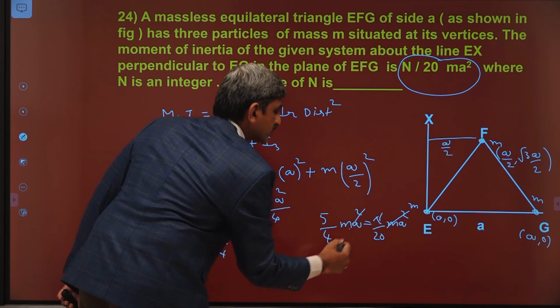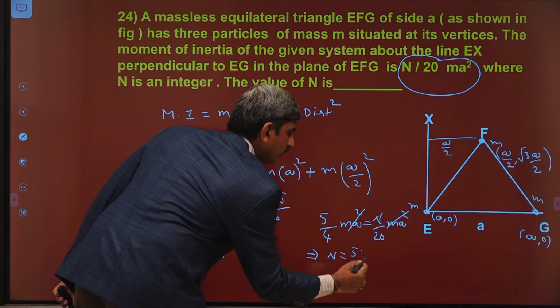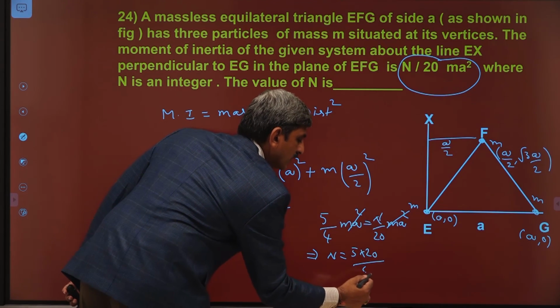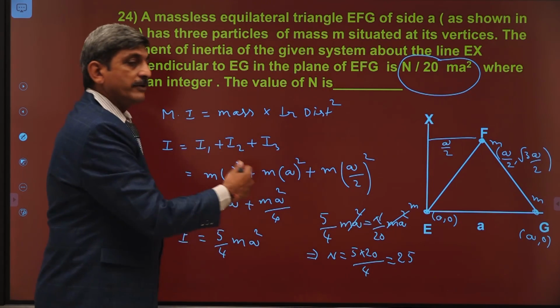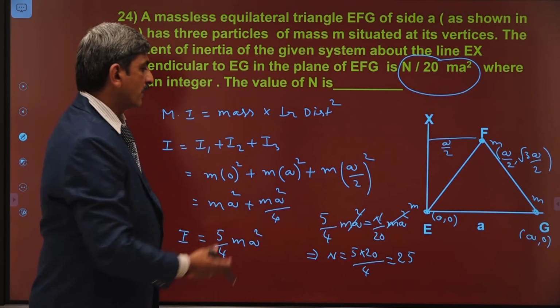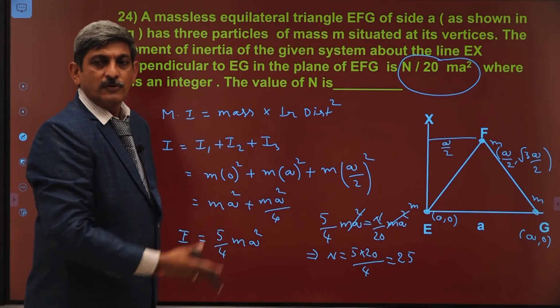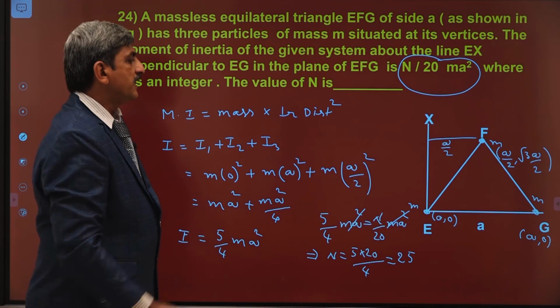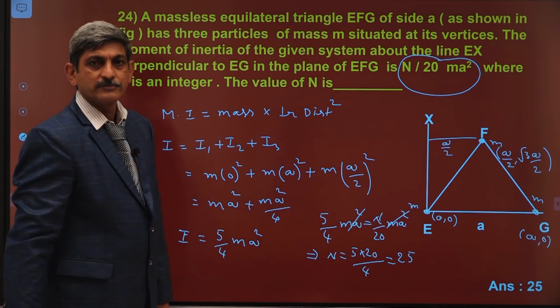Here m a square cancelled, and we have n is equal to 5 into 20 divided by 4, that is equal to 25. Okay? So here we calculate the moment of inertia of the system, and by equating the obtained value with the given value, we find out the integer n value, that is 25. Okay? So the answer is 25.